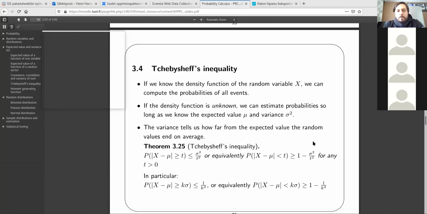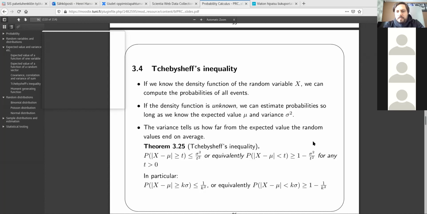So it says that the probability of getting a value larger than t, or further away than t from the expected value, is less than or equal to the variance squared over t squared.